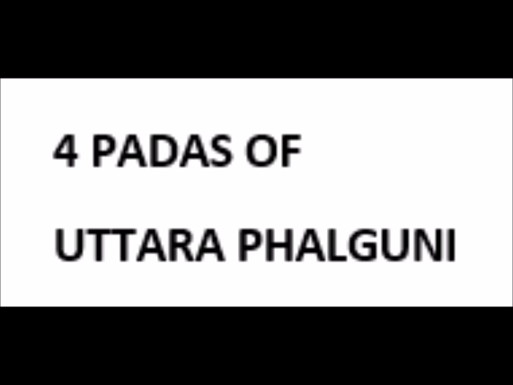Okay, so the first division, or the first navamsha of Uttara Phalguni Nakshatra, falls in the zodiac sign of Leo, because it'll cover a distance of 3 degrees and 20 minutes from 26 degrees and 40 minutes of Leo into 30 degrees of Leo.